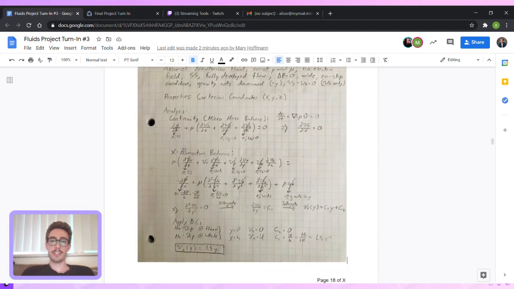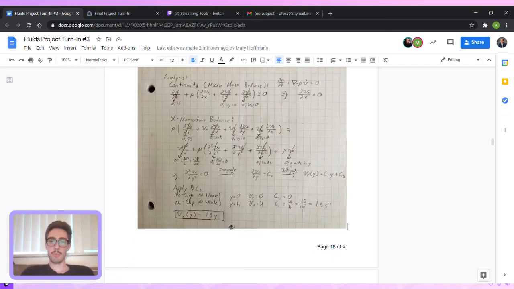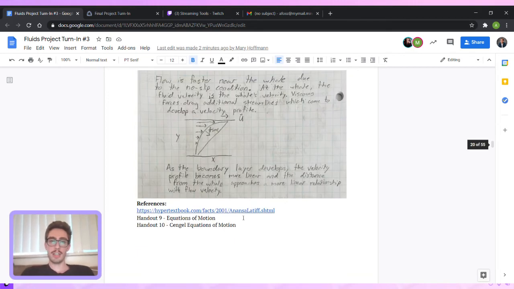This will help us later in the x momentum balance, where we can use this continuity twice to produce, along with our other assumptions, this second order derivative, which we can then integrate twice and then find these constants of integration using our boundary conditions, which are both no slip conditions at the floor and at the whale. Our velocity profile ends up being 1.5 y.